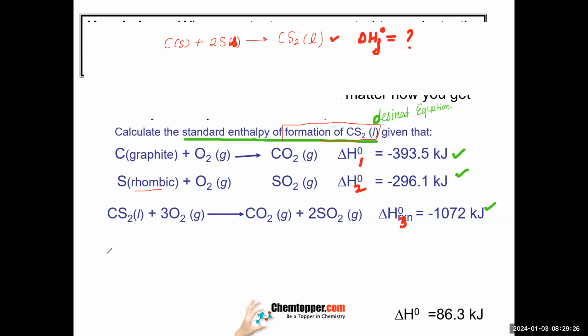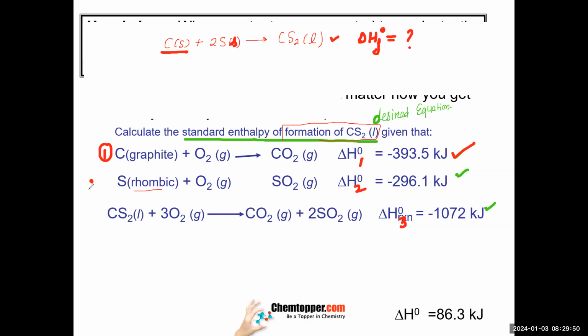I will look at the equations. I want C solid on the reactant side. So I'm going to take equation 1 as such because this is going to give me C solid on the reactant side. So take equation 1 as such, right? Then I want 2 sulfur on the reactant side.